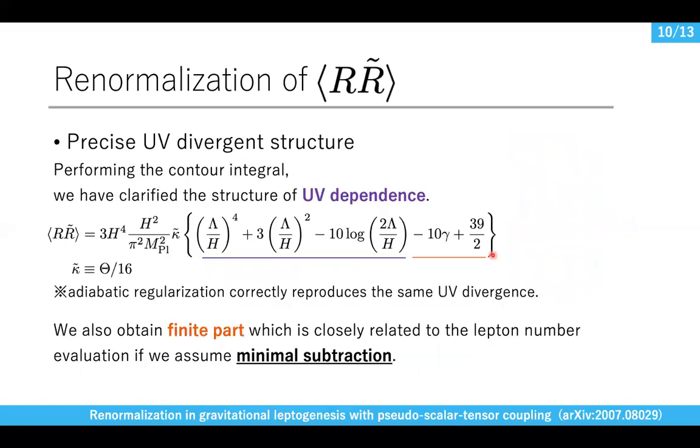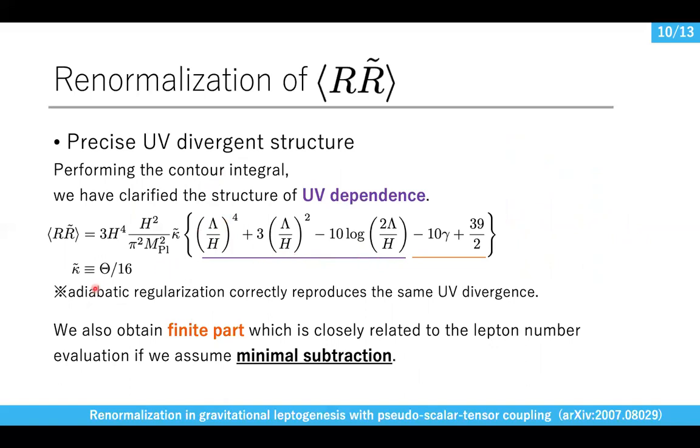So after performing the contour integral, we obtain the whole UV divergence structure like this. Not only the fourth power of lambda, but also there are quadratic and logarithmic divergences we have obtained.